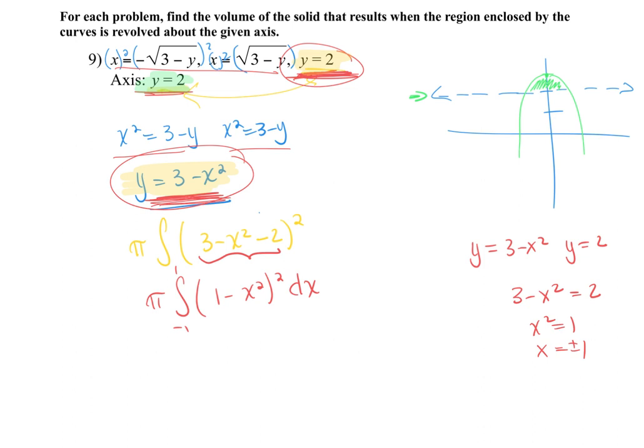So if there is going to be a hole, I'm not revolving around one of the boundaries that they've given me. I'm revolving around something else, whether it's the axis or another line. Neither one is one of my boundaries. There's a hole. Then you're going to use the outer and inner, squaring those functions individually when you subtract, okay?